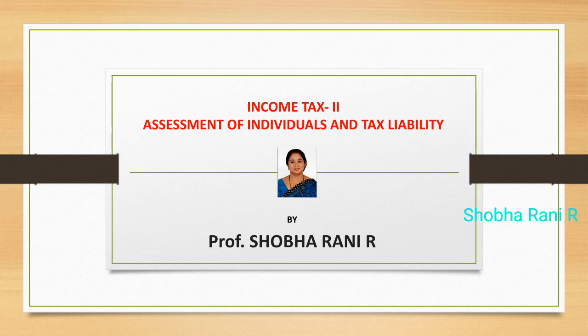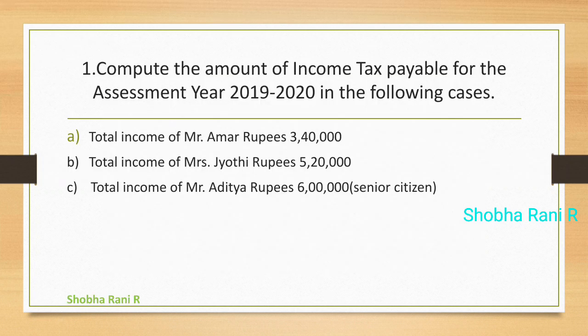Today's topic: numerical problems on assessment of individuals. In the given problem, we are asked to compute the total income tax payable for the assessment year 2019-20 in the following cases. In the first case, the total income of Mr. Amar is rupees 3,40,000.